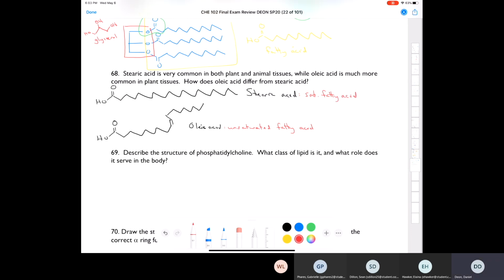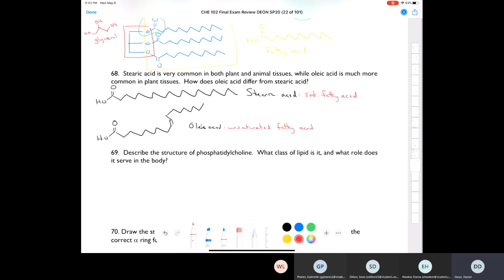And what's the difference between them? Well, if I have two molecules of stearic acid, they're going to pack together much more efficiently. So that explains why stearic acid will have a higher melting point, a higher boiling point. And stearic acid is actually a solid at room temperature.